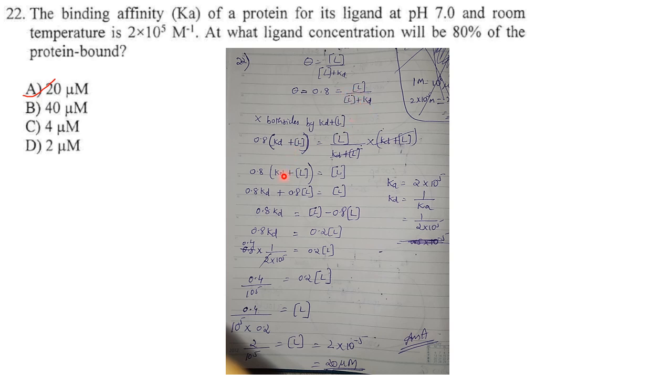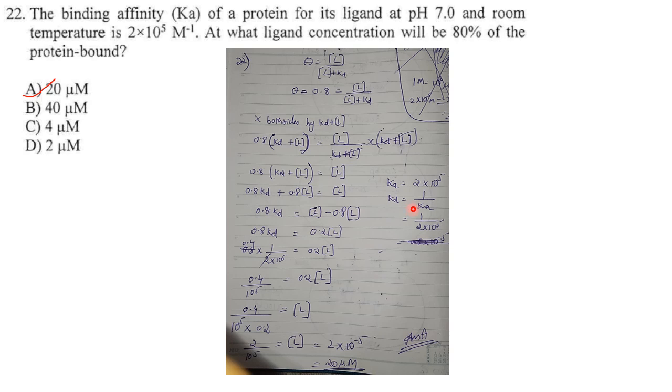Now you substitute the value, multiply both sides with L plus Kd, then you will get 0.8 Kd plus 0.8 L is equal to concentration of L. 0.8 Kd is equal to L minus 0.8 L, or 0.8 Kd is equal to 0.2 concentration of L. Now Kd, they have given the binding affinity, that is Ka is equal to 2 into 10 raised to 5.